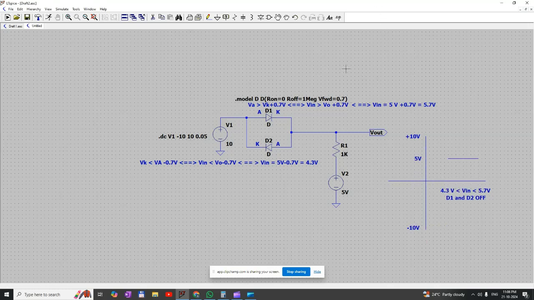Okay, so consider this one. We are getting constant 5 volt here.